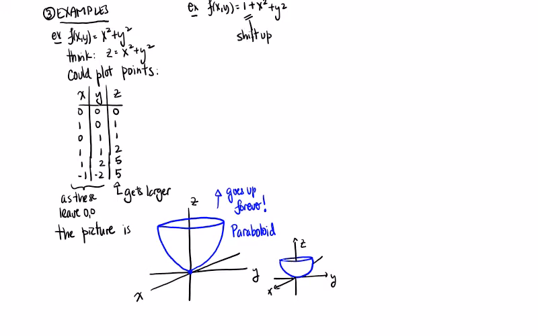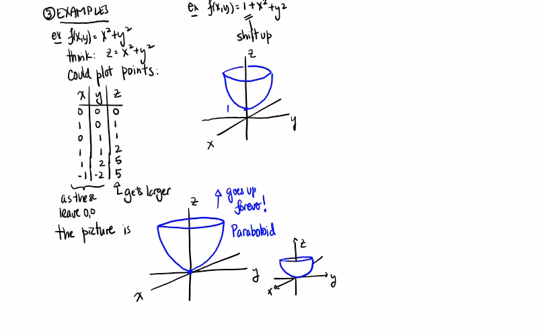This is a familiar behavior because we're adding 1 to all of the z's. So it's essentially the same picture, but the whole picture is shifted up by 1. It's the same shape, basically, but shifted up by 1 unit. So that bottom is at z equals 1.